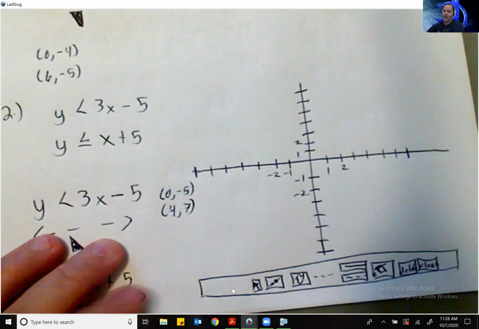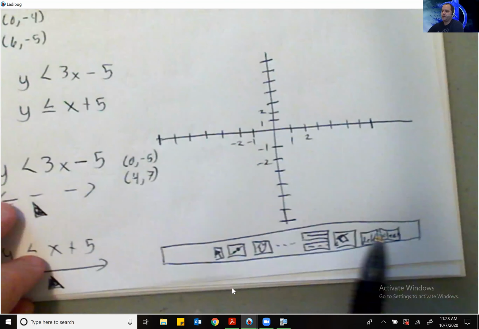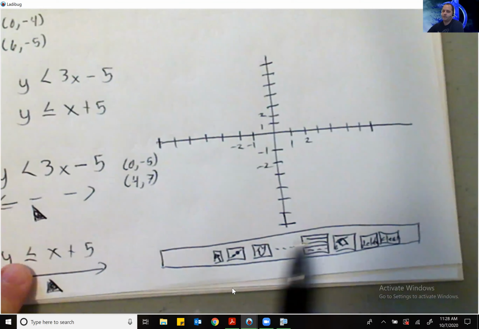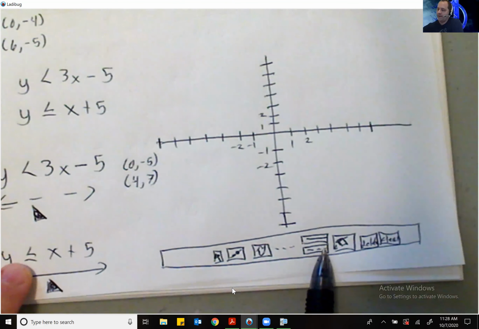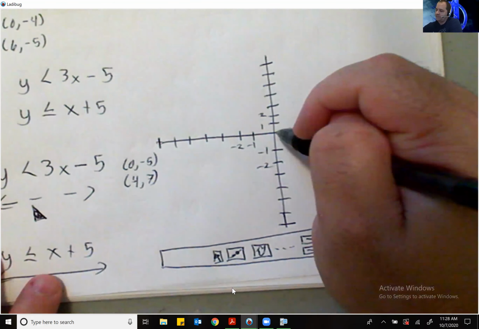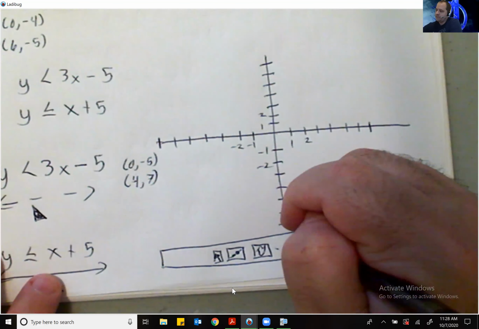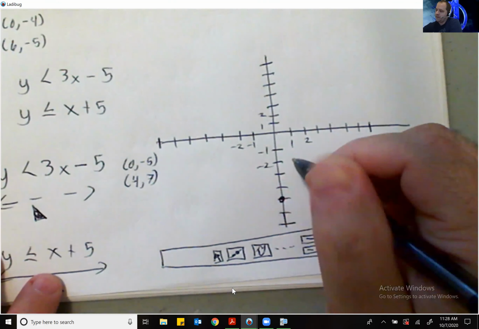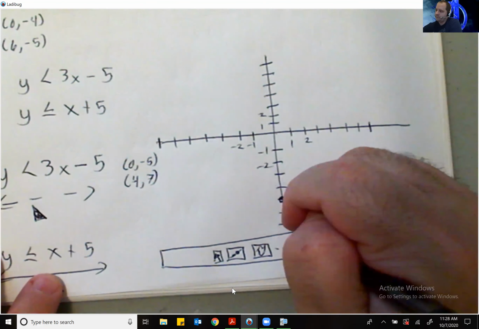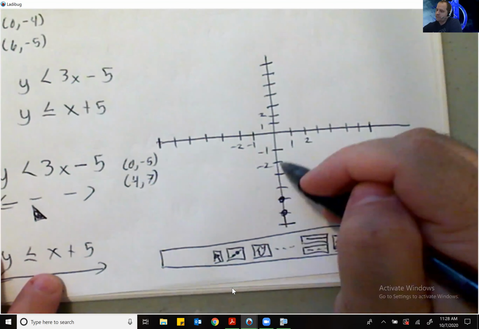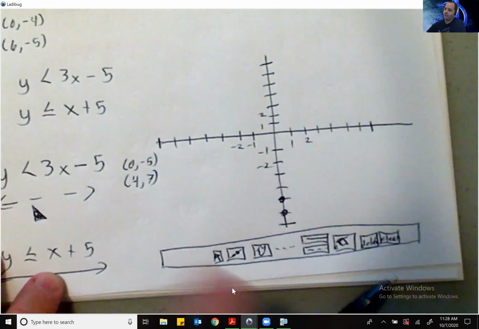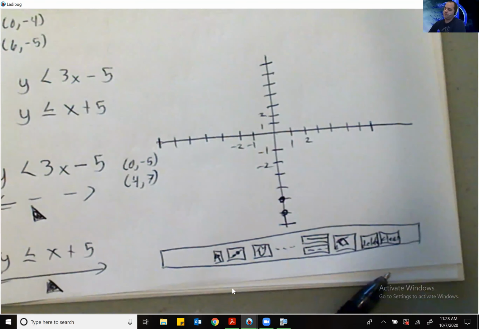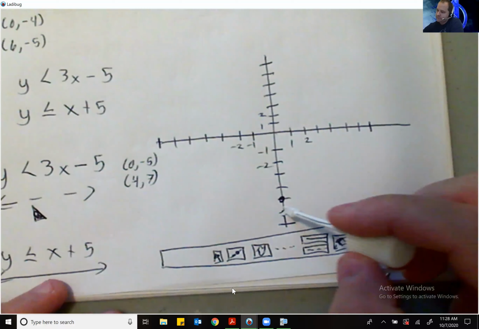So what I would do is I would come down here, select my line, select dotted, and plot my 2 points. 0, -5, which is right there. No, right there. 1, 2, 3, 4, 5. Oh, nope, I was right. There's 0, -5. This bottom point is not really correct.